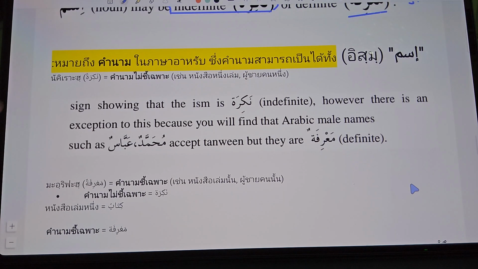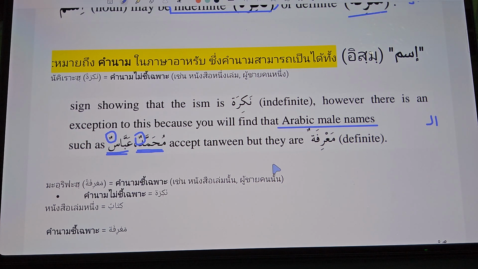But in some cases, the ma'arifa has no alif lam added. For example, Muhammadun, which is an Arabic male name, such as Muhammadun Abbasun. This is not nakira. We can't just say, okay, there is dhammatain, so it is nakira.